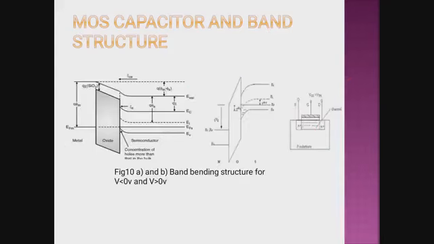Now in this slide I have discussed the band structure of the MOS capacitor when we apply an external potential. These potentials are, case 1, when V is less than 0 volt, that means the metal terminal is negative in sign, and case 2, when V is greater than 0 volt, that means positive in sign. So this is the diagram for case 1 when V is less than 0 volt, and this is the diagram when V is greater than 0 volt.